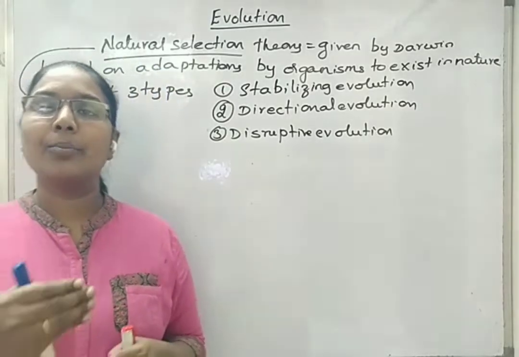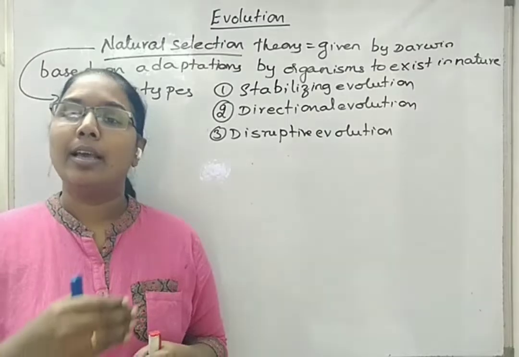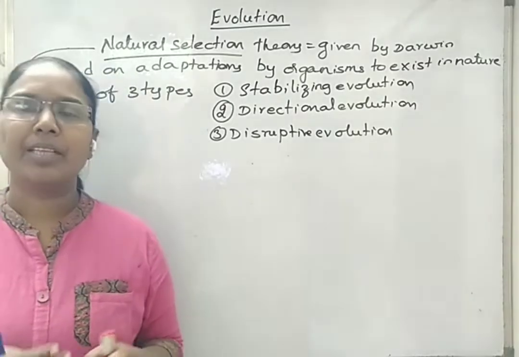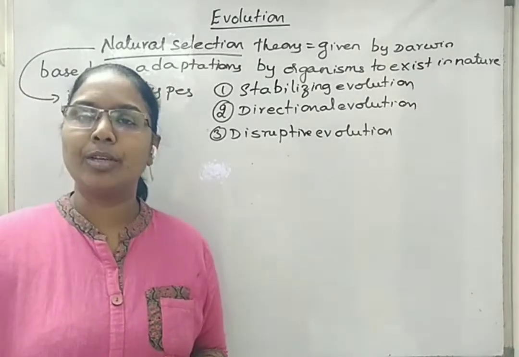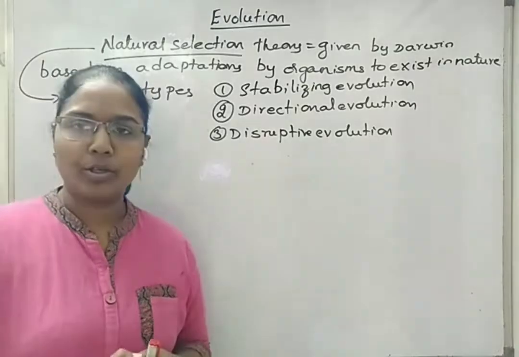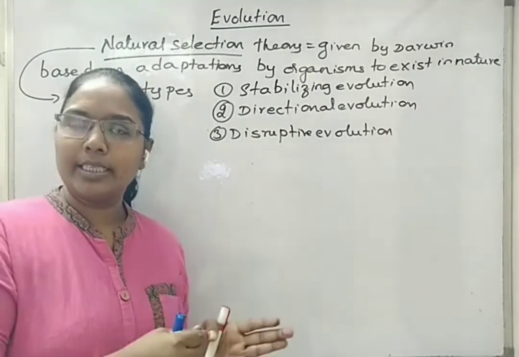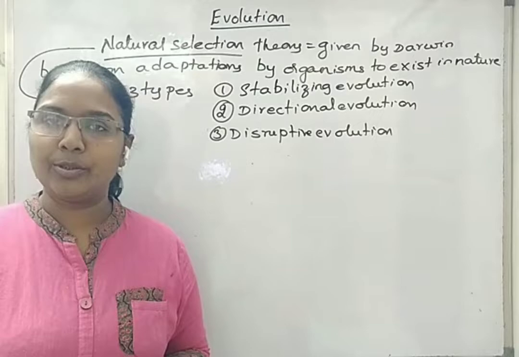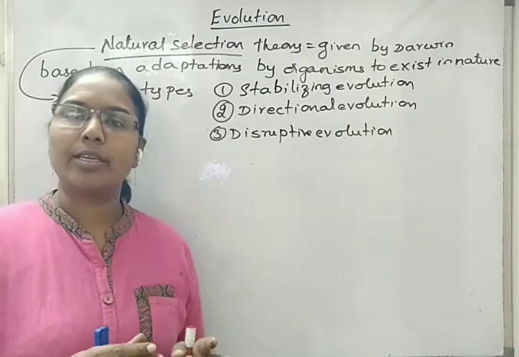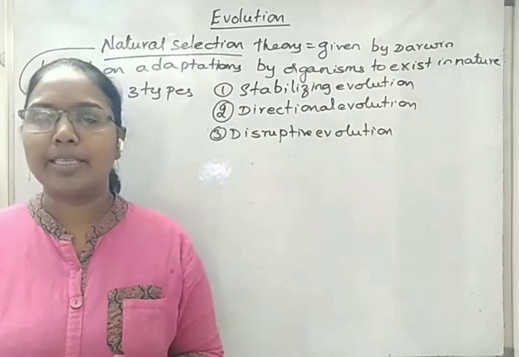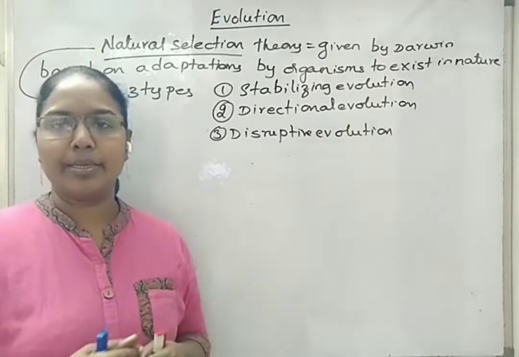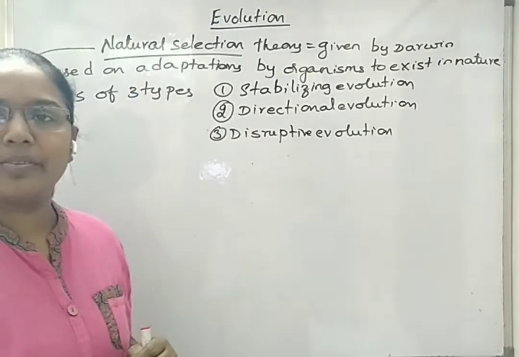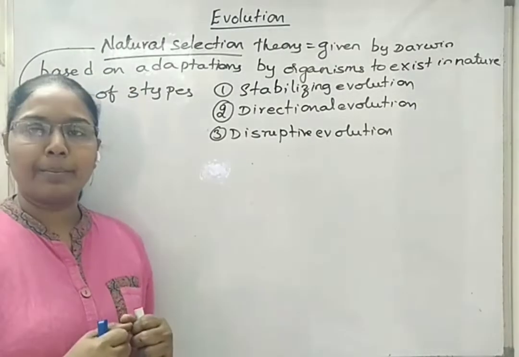So plants have adapted themselves into moderate height plants. Some exceptions are there, like eucalyptus and sequoia, but I am not talking about that. Stabilizing evolution is about organisms which are selected by nature in their intermediate forms. Another example we can take is agouti mice.